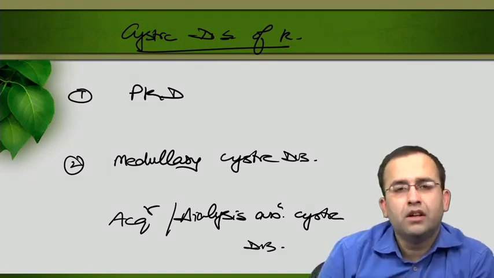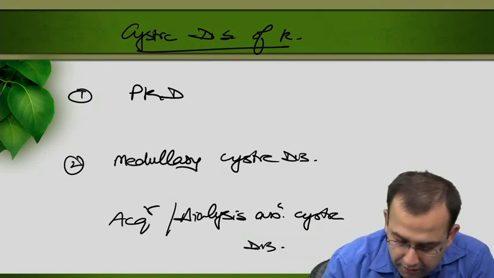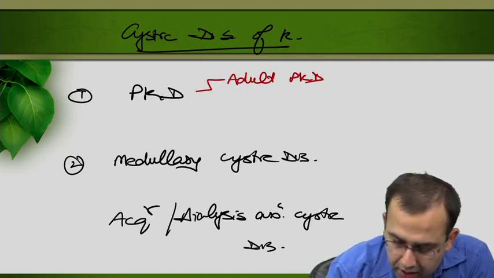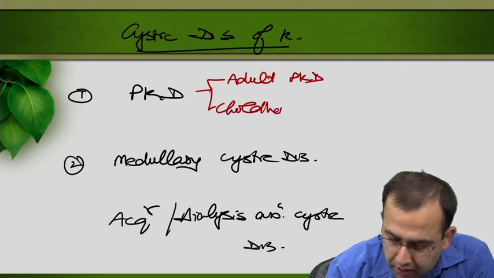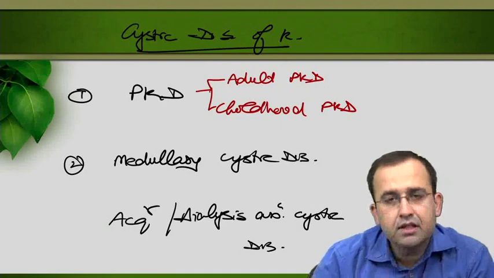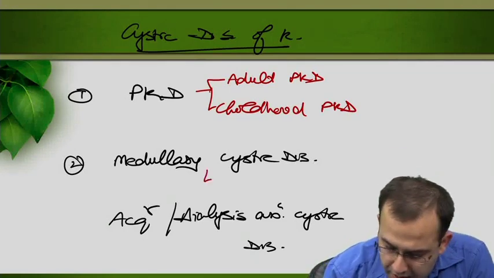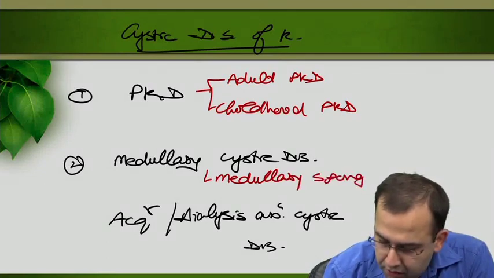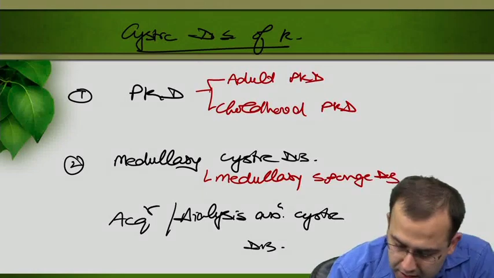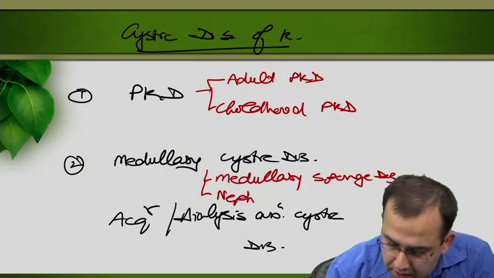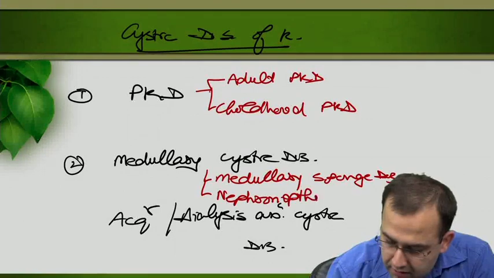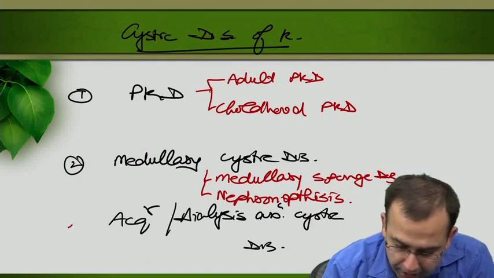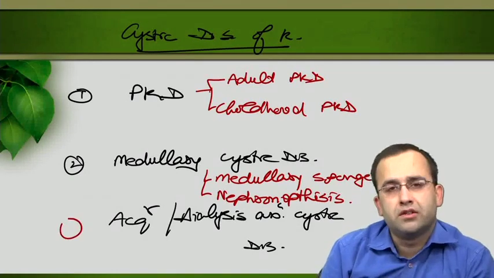Next, polycystic kidney diseases are of two types, that is the adult polycystic kidney disease, adult PKD, and the childhood PKD. Next, medullary cystic diseases are again of two types, that is medullary sponge disease and nephronophthisis. And the last is acquired or dialysis associated.